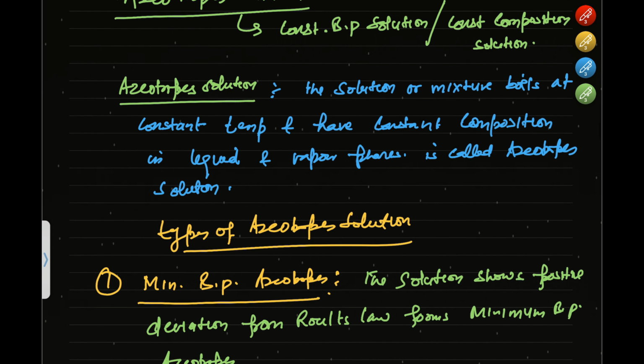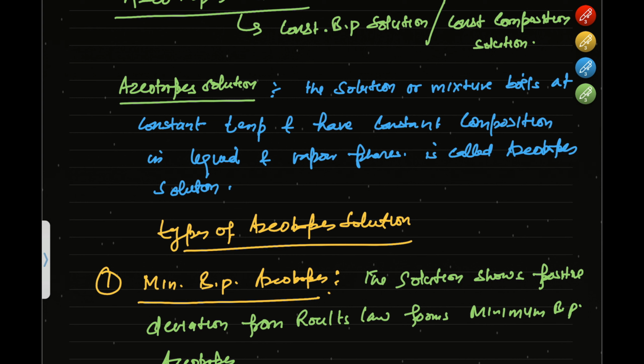One of the most important points about azeotrope properties: azeotrope solutions cannot be separated by the fractional distillation method, because both components of the solution have the same, constant boiling point.